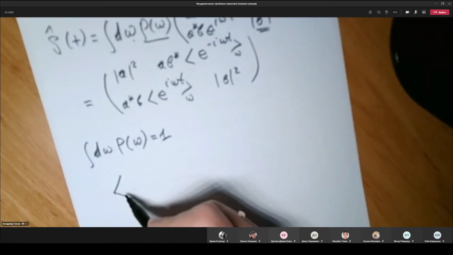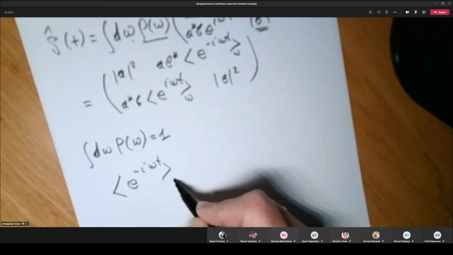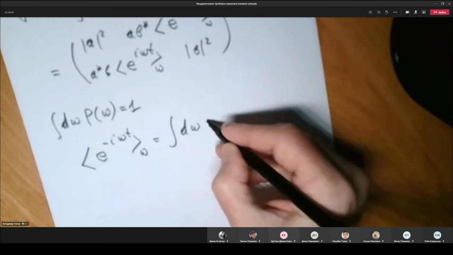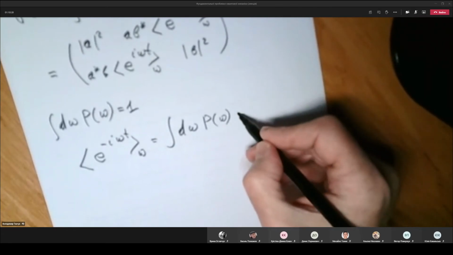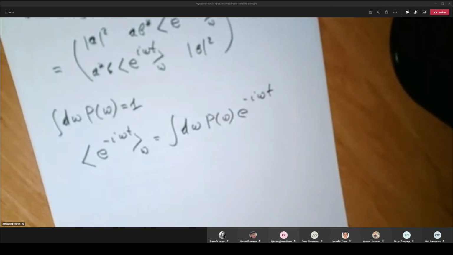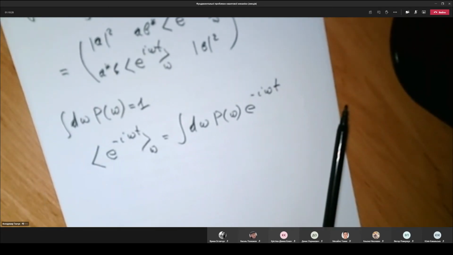And by the definition, this mean value is the integral over omega of the distribution function and the exponent. So as we see, it is just the Fourier transformation of the distribution function.